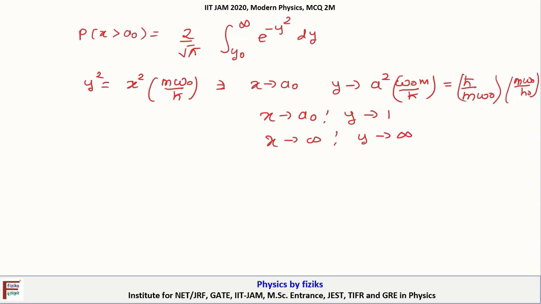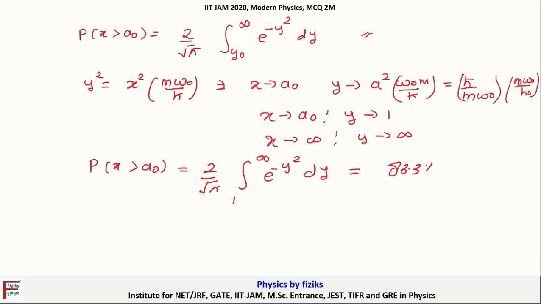Substituting this value in this result, the probability of x greater than a0 is 2 by root pi, integral from 1 to infinity of e to the power minus y square dy. When you solve this integration, it turns out to be 16.7%.